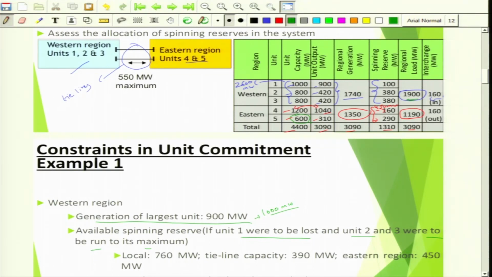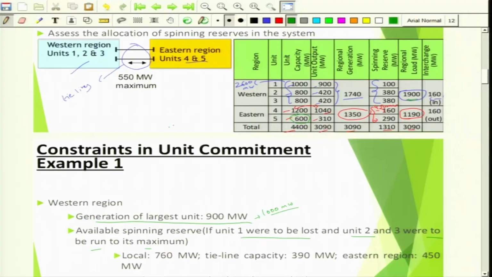What is the thermal capacity of the line? 550 megawatt. That means 590 is the capacity required in the eastern region, but the line capacity is 550. So you cannot meet the power transfer from the western to the eastern region, though the western region has capacity.